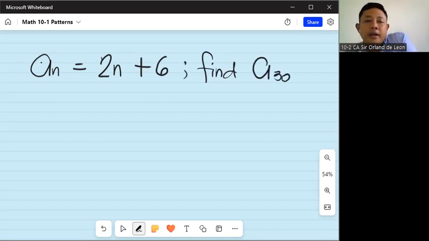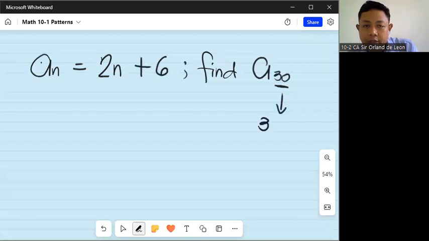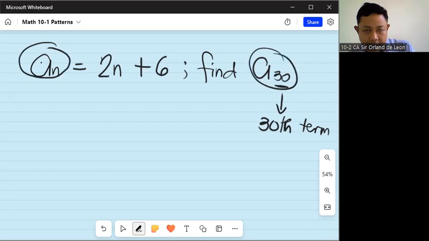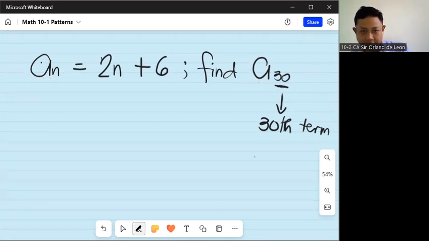So what we will do here is, since we are looking for A sub 30, can you follow? Therefore, we are looking for the 30th term. Got it? Since we are looking for the 30th term, looking at this pattern, A sub n, and this is A sub 30, what do you think is the value for n?